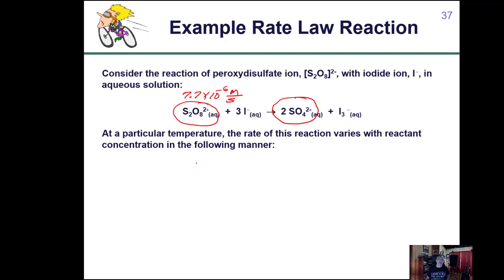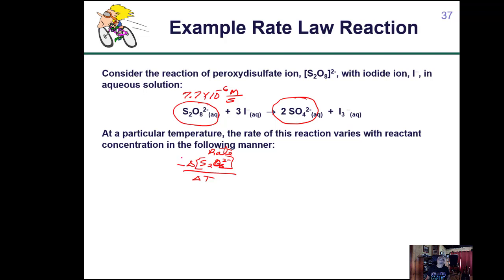If you remember how we did this earlier when we talked about relative rates, we have minus the change in concentration of peroxydisulfate, S2O8 2 minus, divided by the change in time. This is the rate of disappearance. We have the negative sign out here, and it's a rate of disappearance.